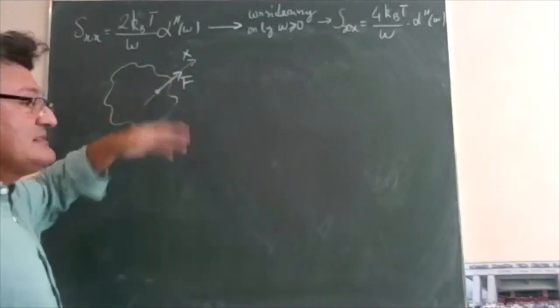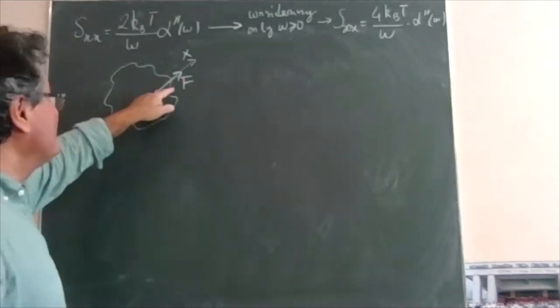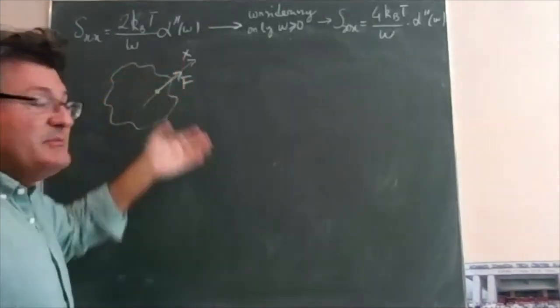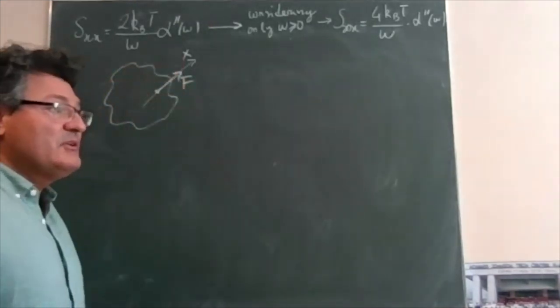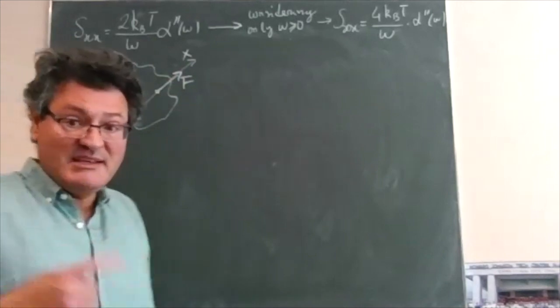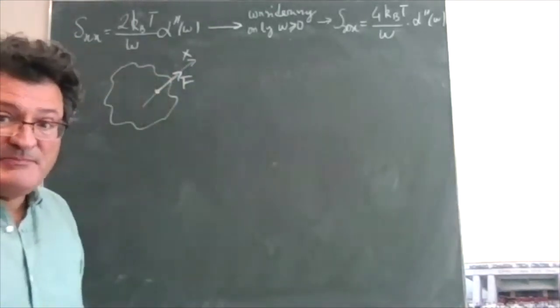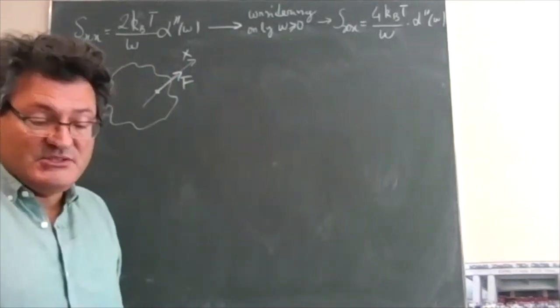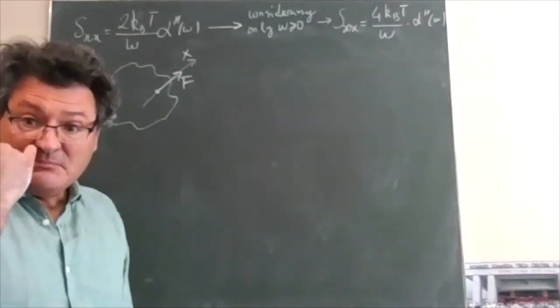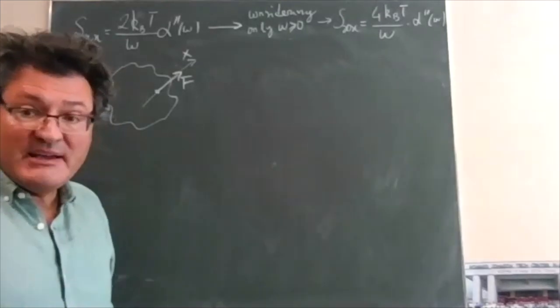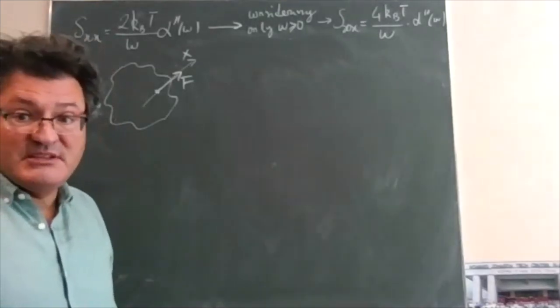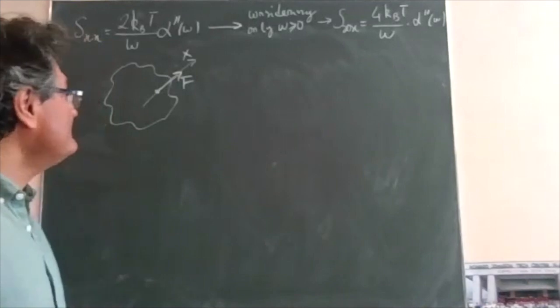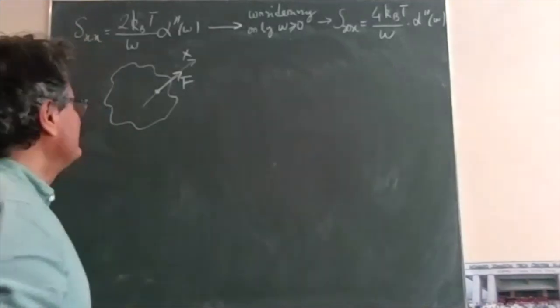We imagine to excite the system with a harmonic force, and the response will be harmonic. And so we are going to calculate the energy after one cycle of excitation. If the energy is preserved after one cycle, the integral must be 0. Let's see the result of it.